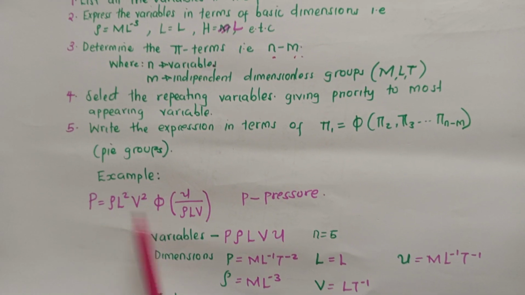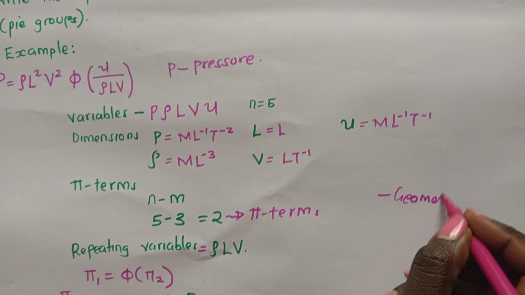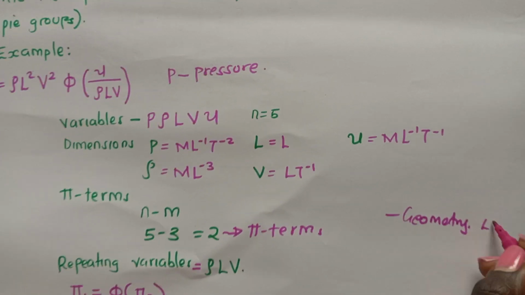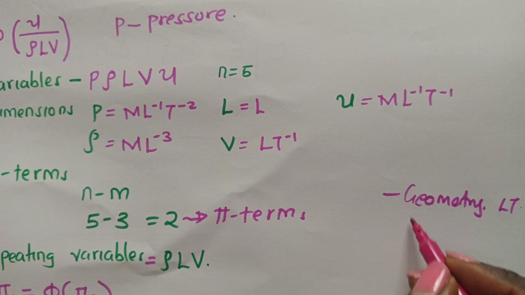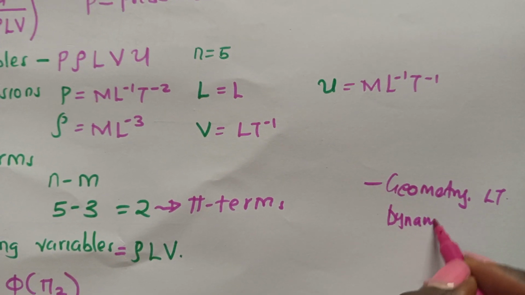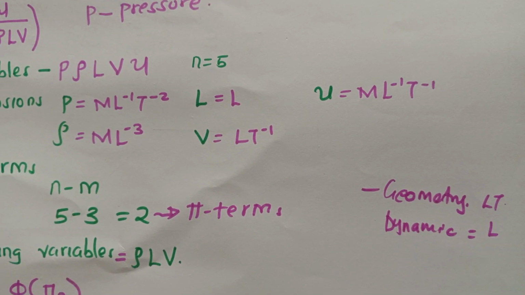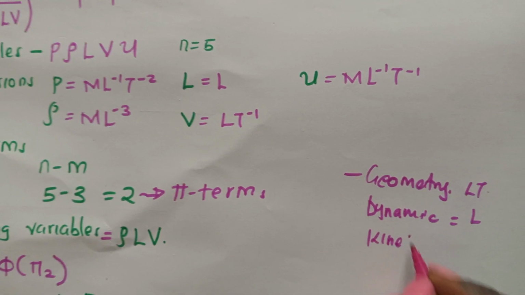What you identify here, first of all, is the geometric variable, which is picked from L. Number 2, consider also the dynamic variable, which is being repeated the most, and the kinematic variable.